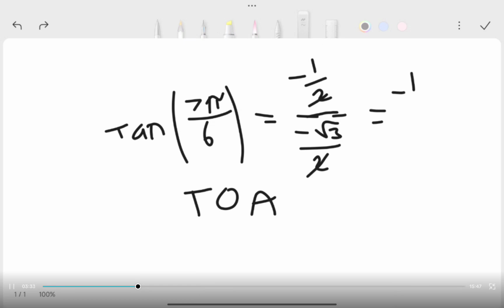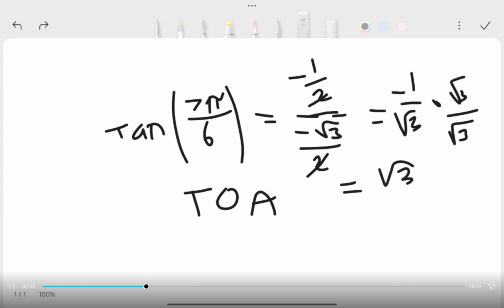Cancel out the 2, and we have negative 1 over square root of 3. So let's multiply it by square root of 3 to cancel out the square root. And our answer is square root of 3 over 3, and it's negative.